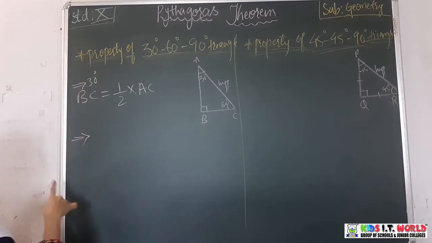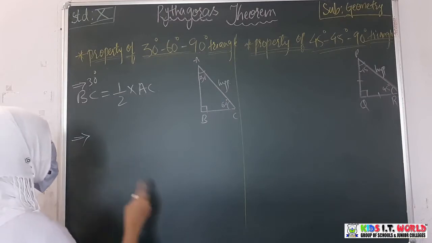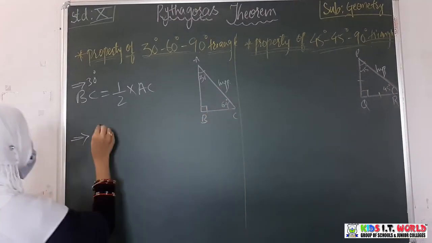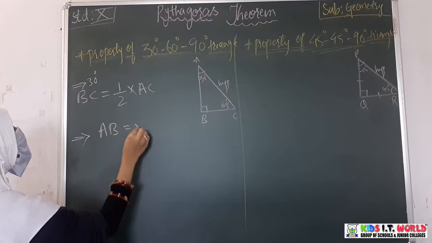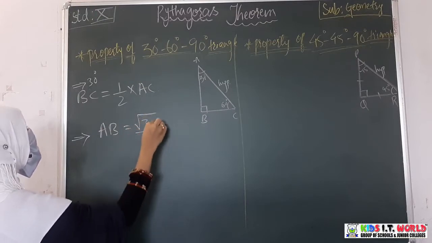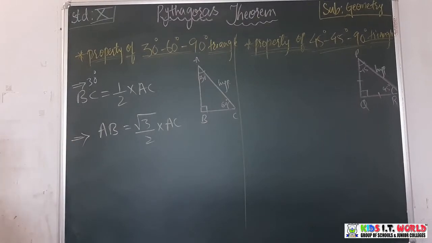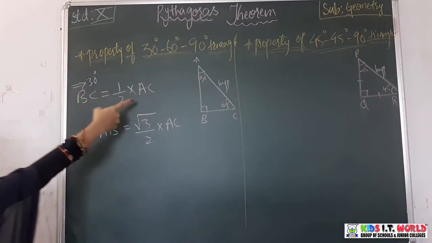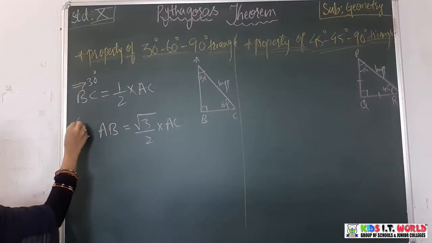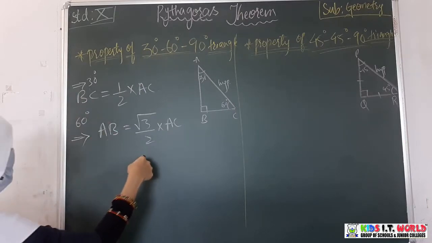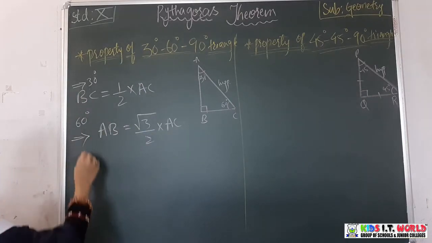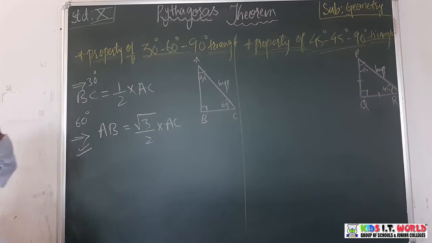And secondly, the side opposite to the 60 degree angle is root 3 by 2 times the hypotenuse. The hypotenuse is AC here. Okay. This is the property of 30, 60, 90 triangle.